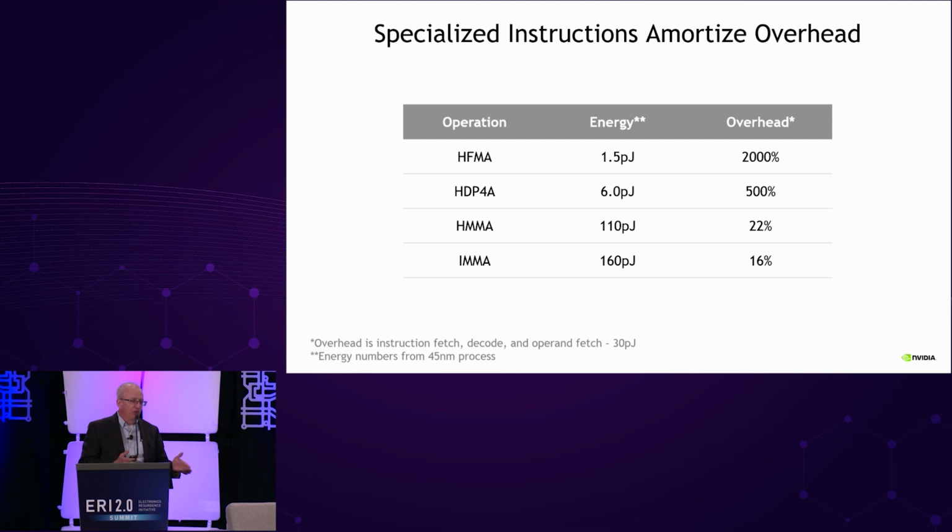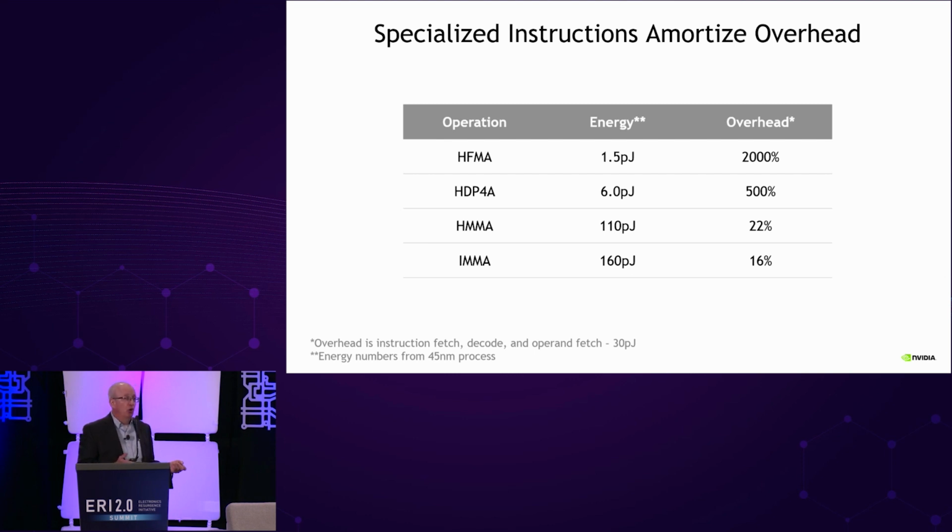So if I scale everything to 45 nanometers, just to make the numbers unbiased by process generation, if all you can do is a fused multiply-add, and this is all for half precision, FP16, the overhead is 2,000x. You spend 20 times as much energy fetching the instruction, decoding the instruction, fetching the operand, storing the result, than you do actually doing the arithmetic operations. It's an enormous amount of overhead.